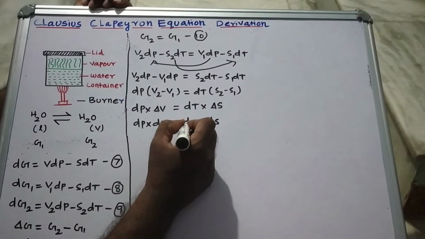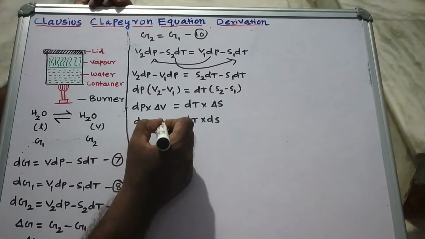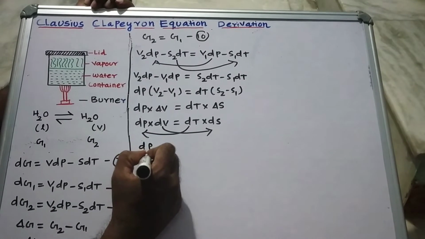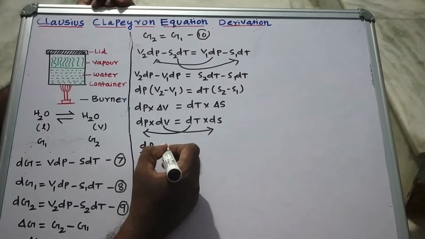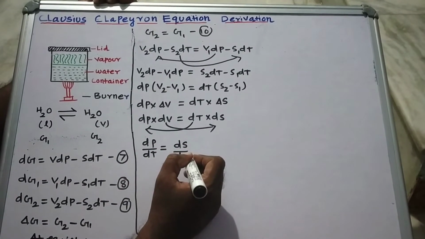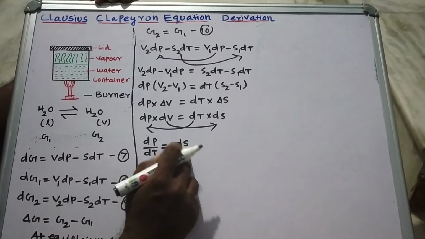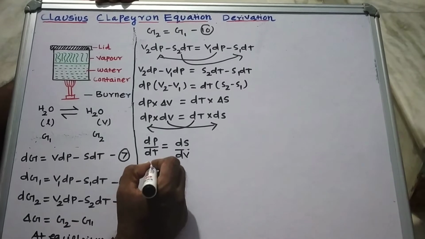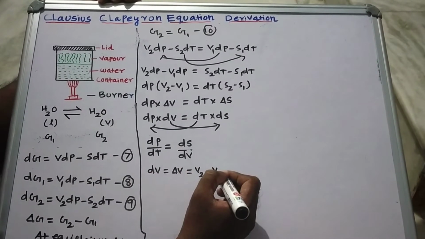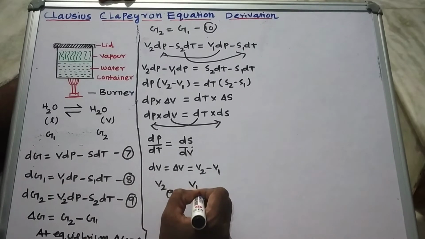Okay, then it comes to this side and it goes to this side. dP by dT is equal to delta S by delta V. Then it's well known that delta V is equal to V2 minus V1, where V2 is the volume of the gas and V1 is the volume of the liquid.